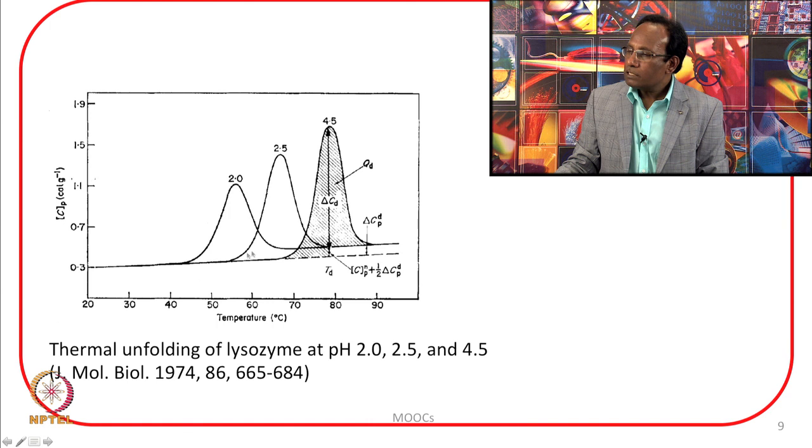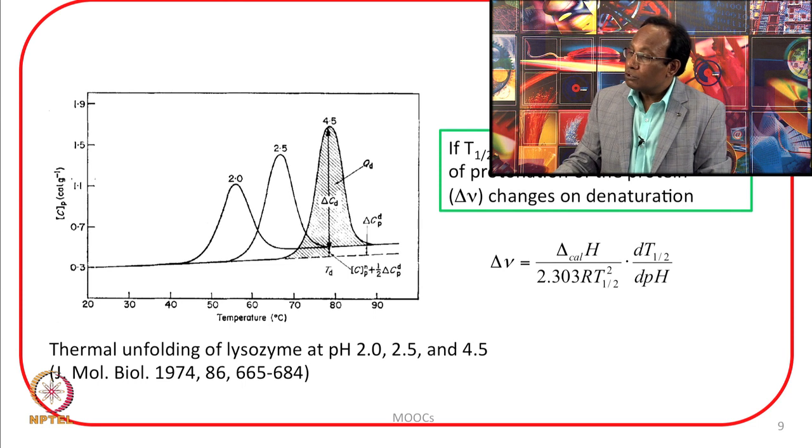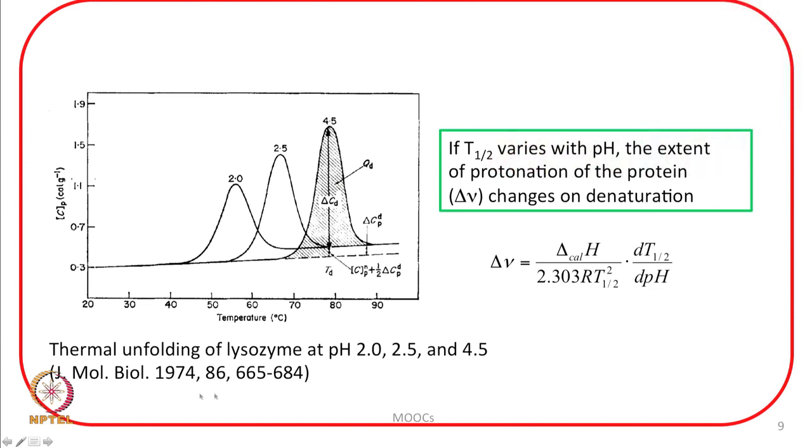And when you change the pH, and that is associated with the change in transition temperature and calorimetric enthalpy, that data can be used to calculate the extent of protonation of the protein when it undergoes denaturation. For further details, one can refer to this Journal of Molecular Biology reference which is listed over here.